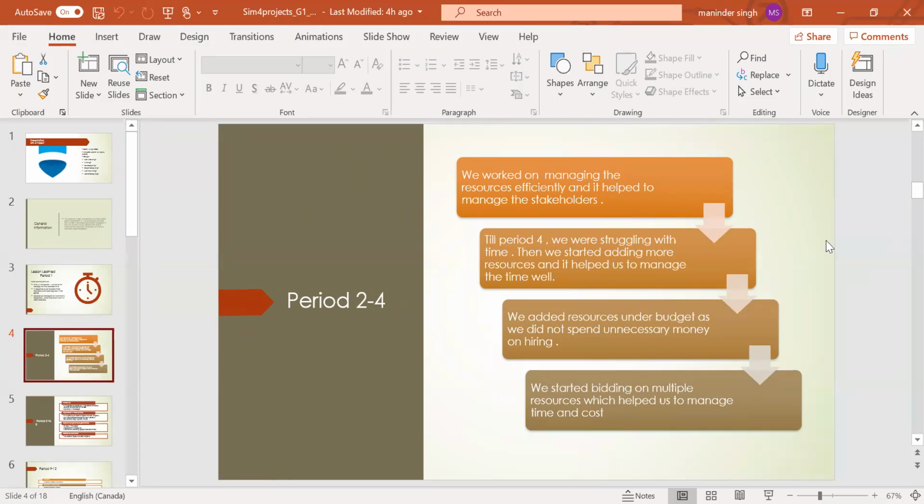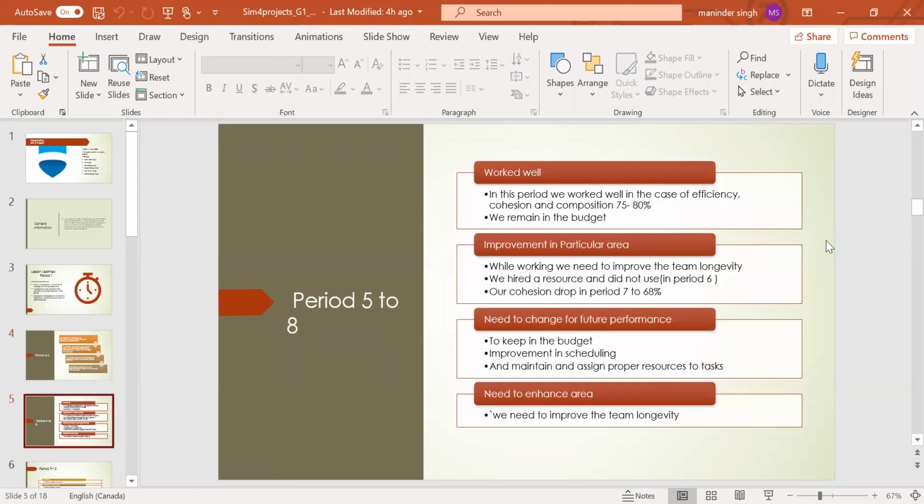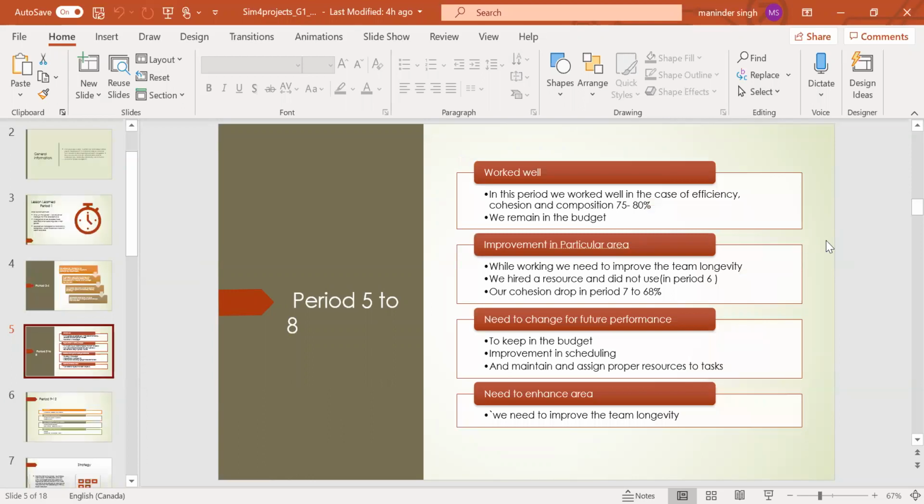There were things that needed to be improved, like team longevity, which was very low during this phase. We hired resources in period 6, but we didn't use them. So that resource cost was added to the project, which is unwanted cost.